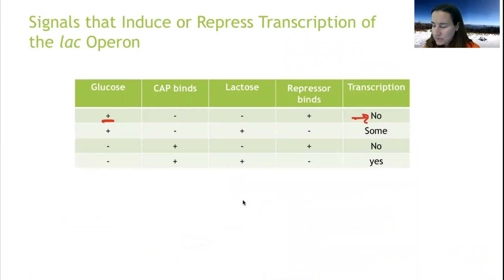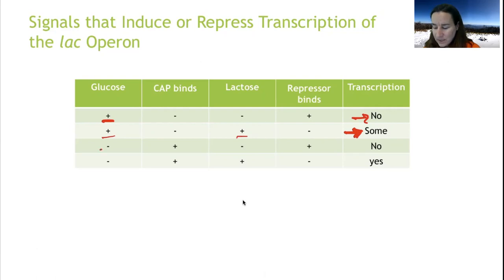If glucose is present and lactose is present, then we could do a little bit of it. We've got glucose, it's our favorite place, but we could also use lactose. And we could do a little bit of gene expression to break down lactose because lactose is present. We could break it down too. So we'll do it a little bit, some.